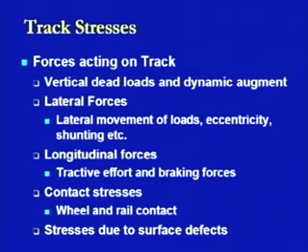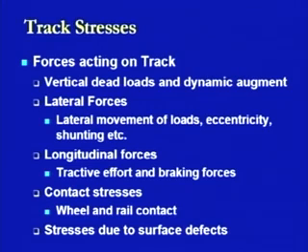Now we will be looking at the various types of track stresses which are induced due to the types of loads. Let us first look at the different types of loads or forces which act on any track. There are vertical dead loads and the dynamic augments of those vertical loads coming on the track. There are lateral forces causing lateral movements, which are caused due to eccentricity or specific operations like shunting.